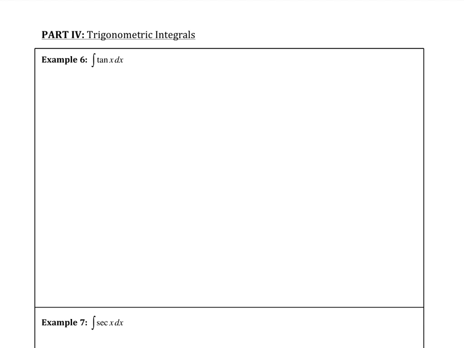For example, the derivative of secant x is secant x tan x, but if this were, what's the antiderivative of secant x tan x, we'd be in business. But this is not that. So the trick here, and again, how would you know how to do this? You wouldn't necessarily, right?